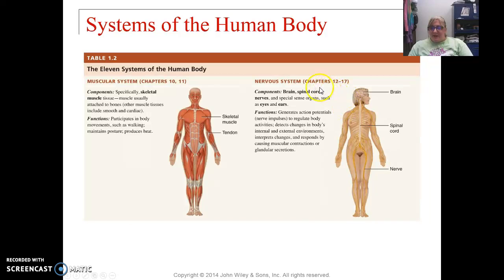The nervous system, a huge system, is composed of the brain, spinal cord, and all of the nerves. There are a lot of receptors. Some of those receptors are going to be very large, and so structures like the ears and the eyes, which are organs.